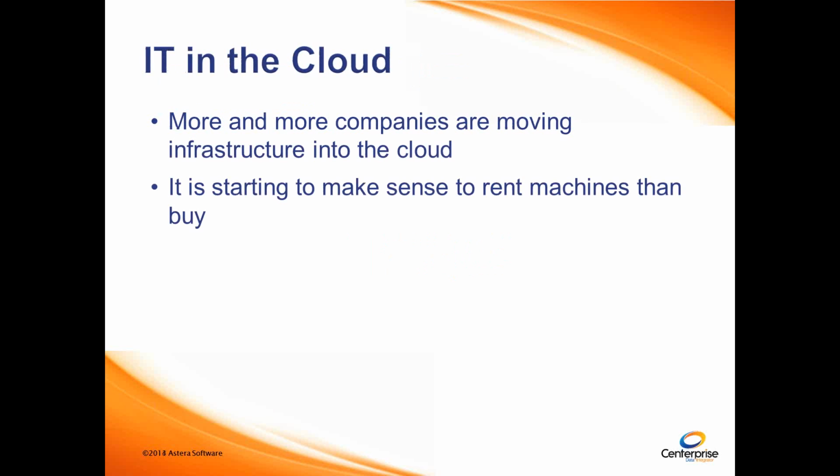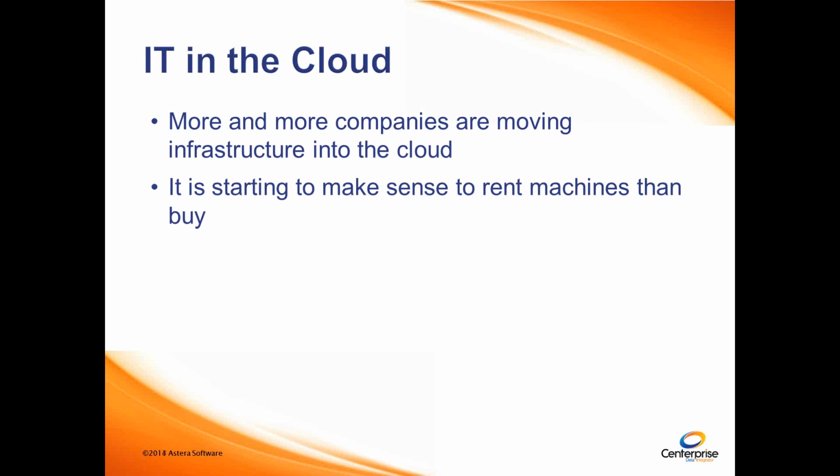Another reason is that IT is more and more in the cloud. More and more companies are moving their infrastructure into the cloud. It's starting to make a lot more sense to rent machines rather than buy them, especially with Amazon.com and their EC2 instances and S3 functionality, where with EC2 you can rent machines, and S3 you can actually have a Dropbox.com-like storage device.